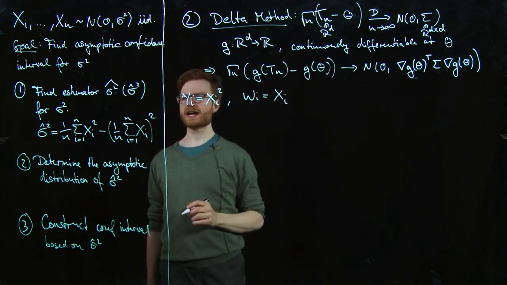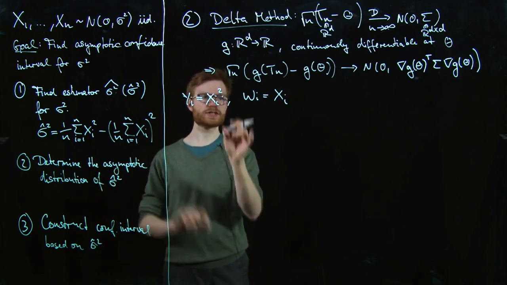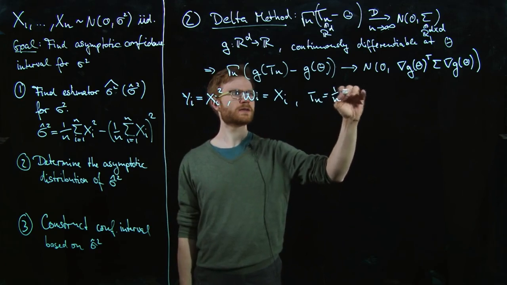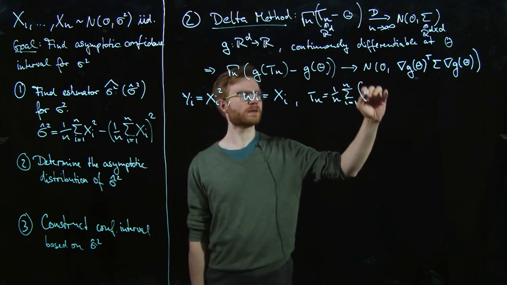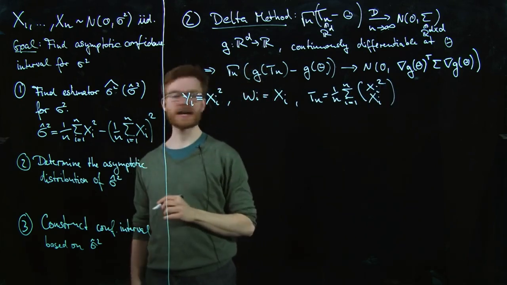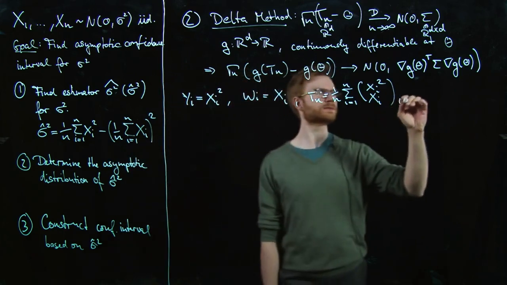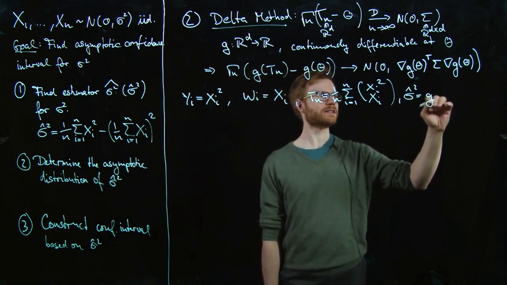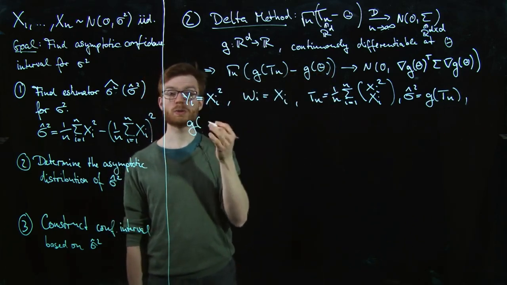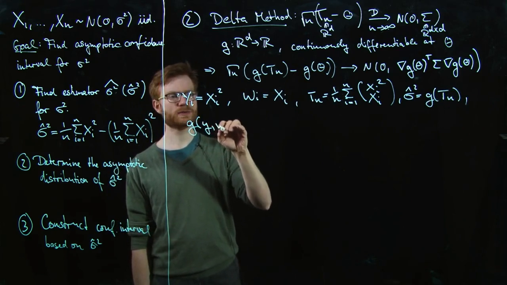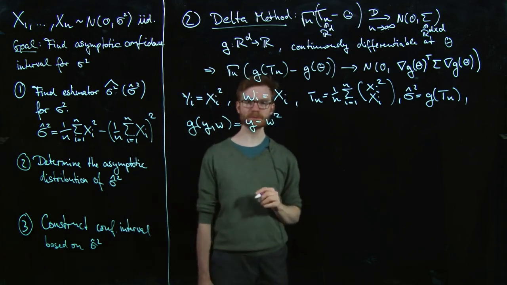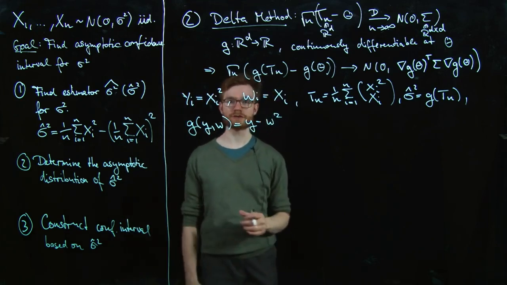That means if I consider Tn the joint average of these two random variables, the average vector, then I recover my estimator as g of Tn, where g, let's use lowercase letters now, of y, w is y minus w squared. So this is a nice continuously differentiable function.